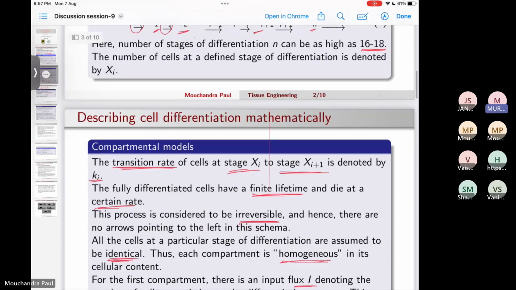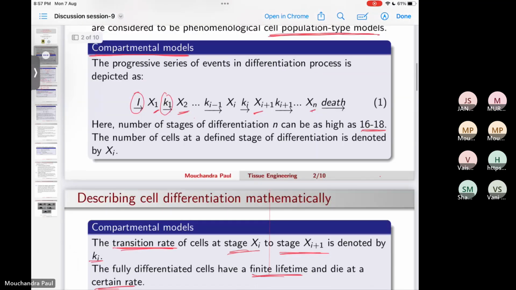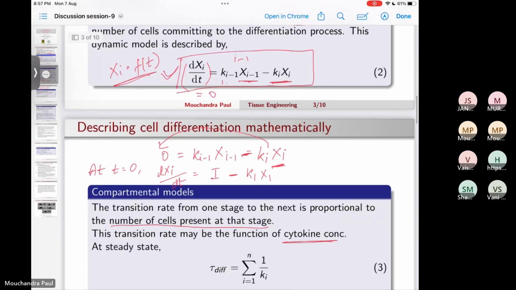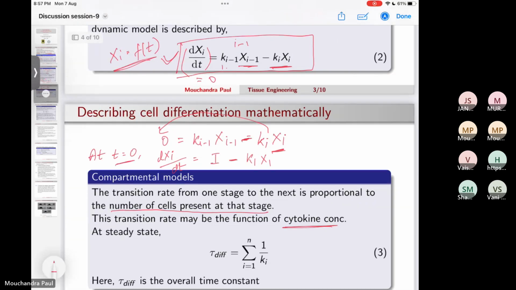So here I is the number of cells that have committed themselves to get differentiated, and then they will move on to the next compartment, that is the x1 compartment, correct? So initially you can write this expression. Now at steady state this expression will change into what?